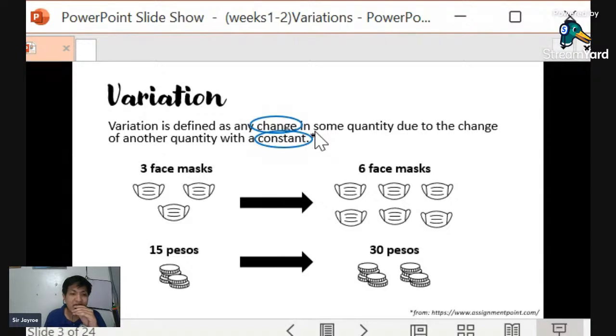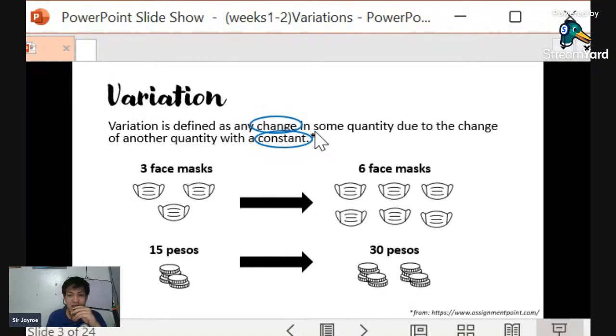Kindly comment in the comment section. Di ba, tricky, no? Ang tricky ng variation kasi, pag sinabing variation, it's all about change. Pero kailangan may constant. Ayun ang tanong ko. In this example, ano yung hindi nagbago? Kasi there should be a constant for it to be called variation.